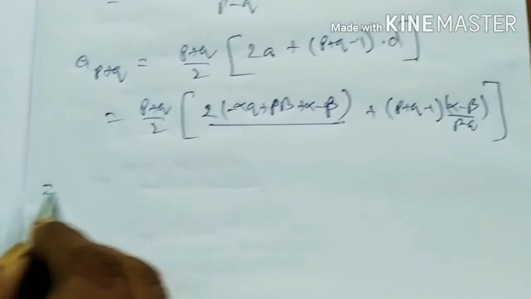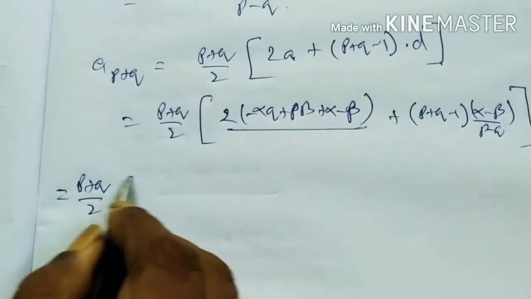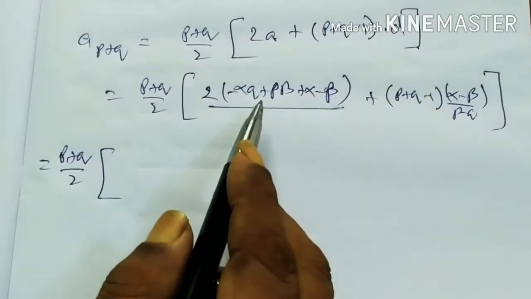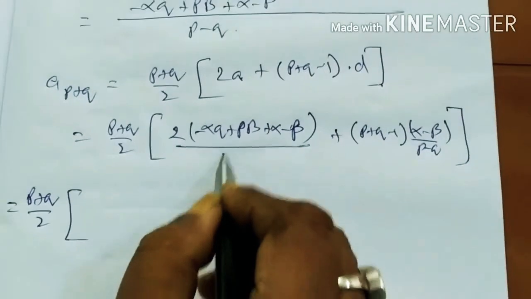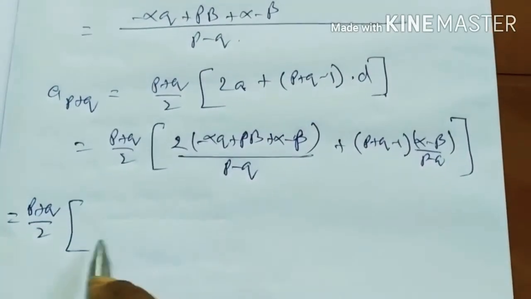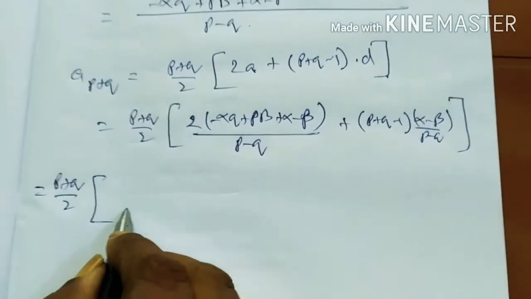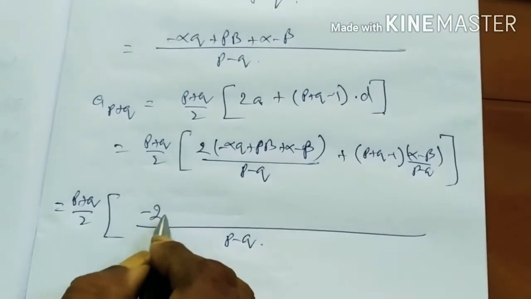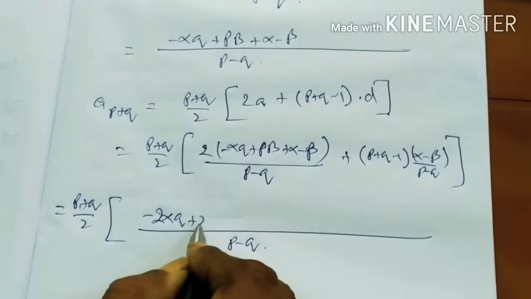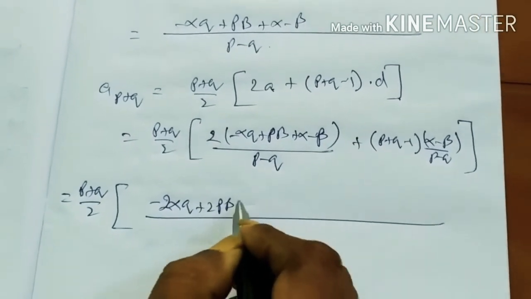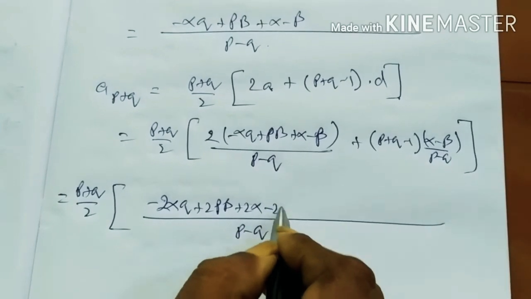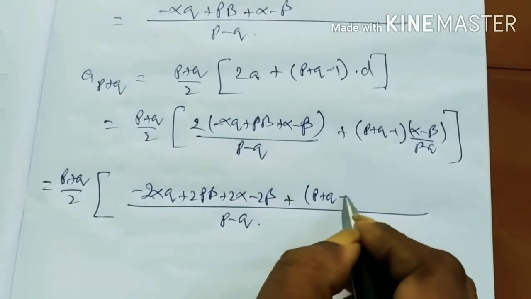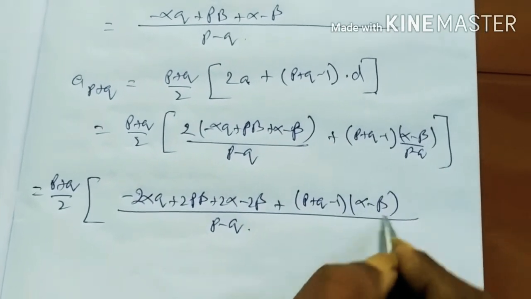Now again I am going to simplify it. I have it over p minus q, with the value of A. Now here we are going to simplify it. The LCM is p minus q, therefore minus 2 alpha q plus 2 p beta plus 2 alpha minus 2 beta plus (p plus q minus 1)(alpha minus beta).